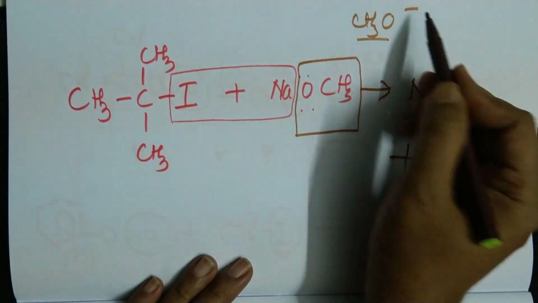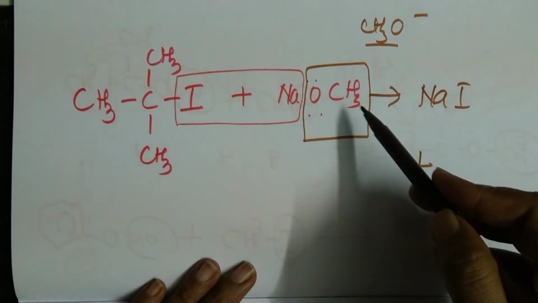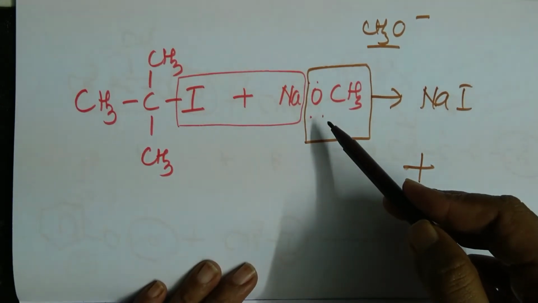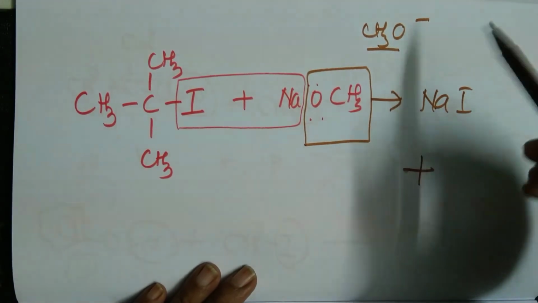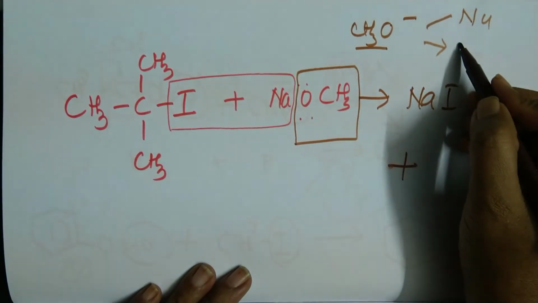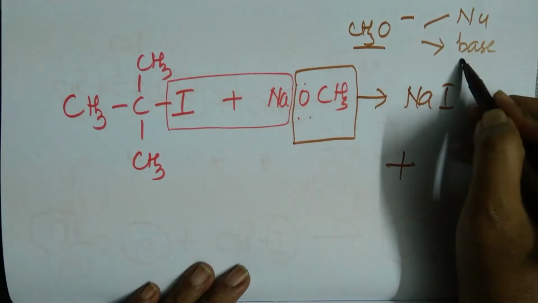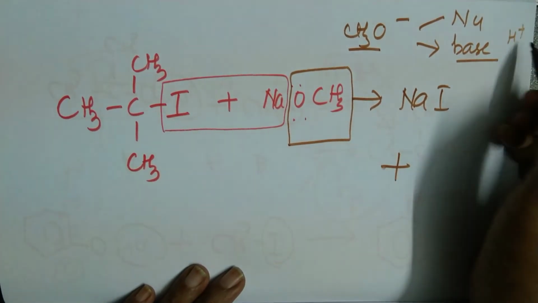Anything which carries a negative charge is also a nucleophile. CH3O acts as a nucleophile and it also acts as a base. Remember what a base is? A base is something which takes an H plus ion.